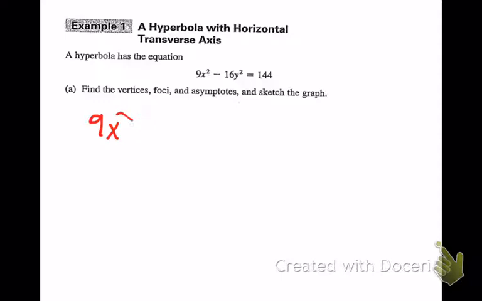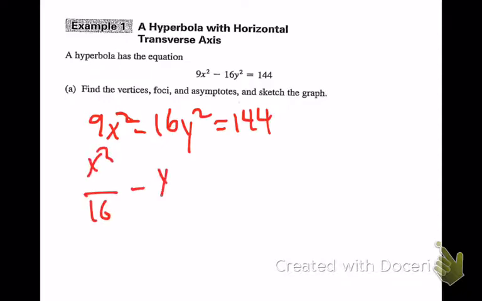We divide by 144, and we get x squared over 16 minus y squared over 9 equals 1. So a is 4 and b is 3.